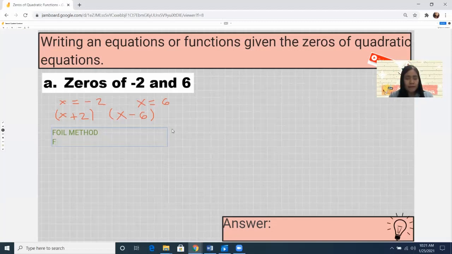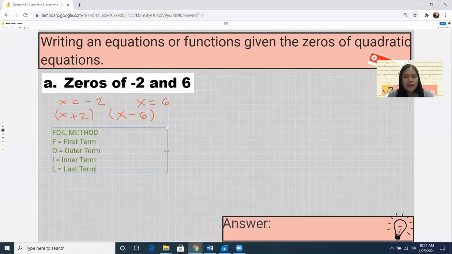F means first term, O means outer term, I means inner term, and L means last term.